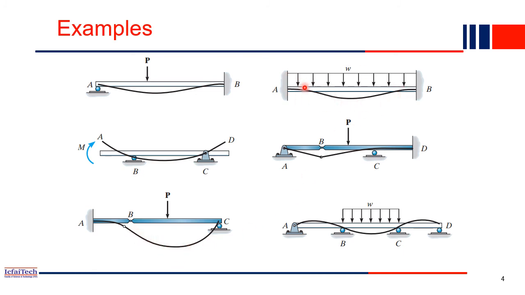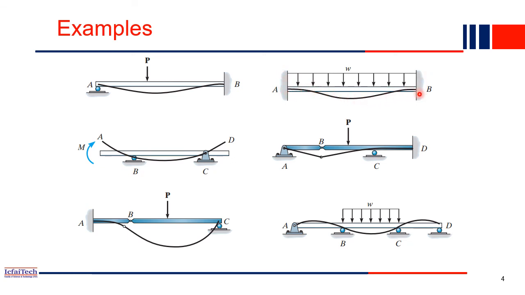Now if you see this beam, this is a fixed beam, right? This end is a hinge, this end is a fixed end, this is also a fixed end, and the UDL is acting. The deflected shape will be: deflection won't start from the support because it is a fixed support, so it will go a little bit straight, then deflection will start.